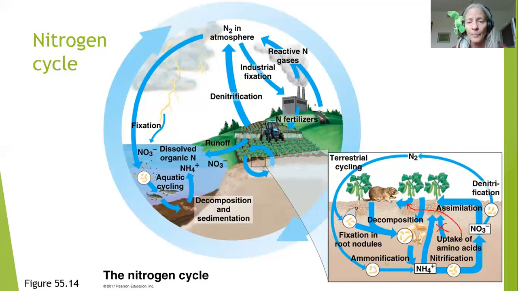And they also use a lot of fossil fuels, a lot of energy to run them, and they produce some reactive nitrogen gases like nitrous oxide that can be a form of air pollution. And we'll talk more about this in the next chapter, more about the various human impacts on these biogeochemical cycles.